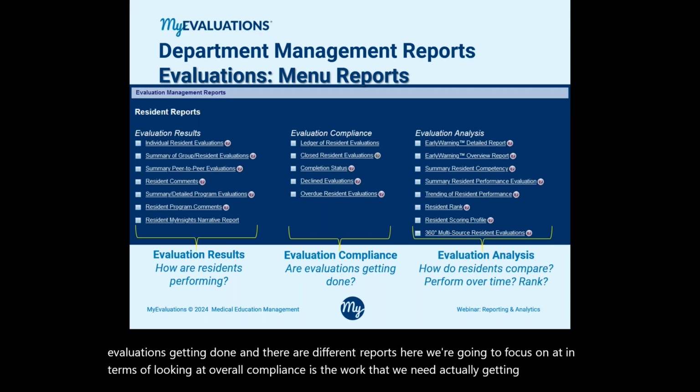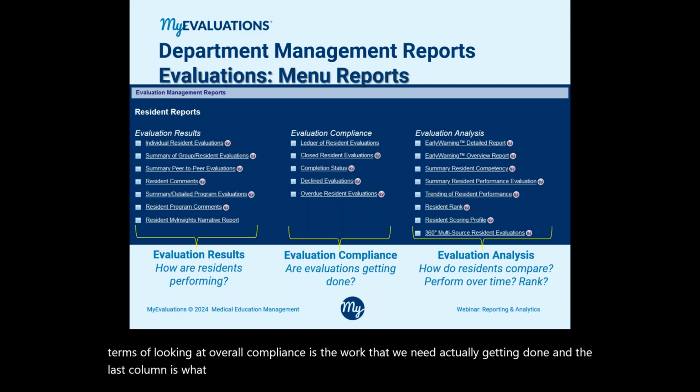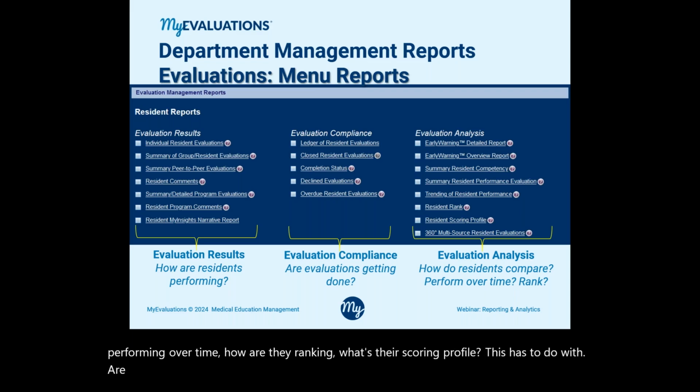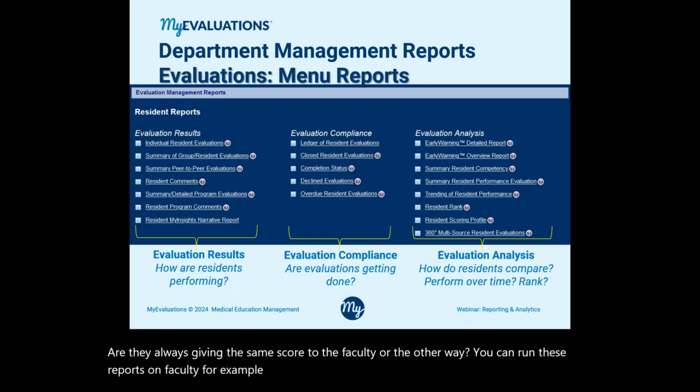And the last column is what we call evaluation analysis. How do residents compare? How are they performing over time? How are they ranking? What's their scoring profile? This has to do with, are they always giving the same score to the faculty, or the other way? You can run these reports on faculty, for example, and it would be the same idea.